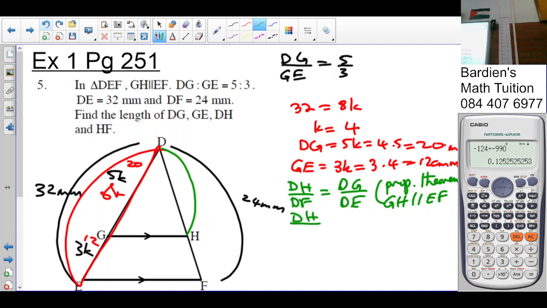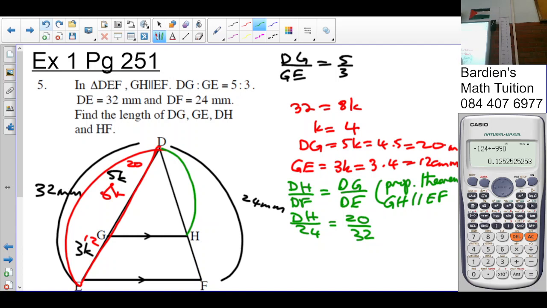DF is 24 equals DG, which is 20 or 5K, doesn't matter, over DE, 32. If I had gone with 5K, then I had to use 8K. But since I used the millimeters, I need to use the millimeters now. Does it make sense?